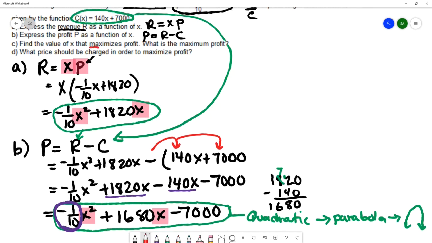In this problem, we're trying to maximize profit, and the fact that this parabola is facing down shows me that the maximum, the largest y value, is going to occur at that point, which is specifically the vertex of the parabola. And we do have some formulas that we can use to find the vertex.